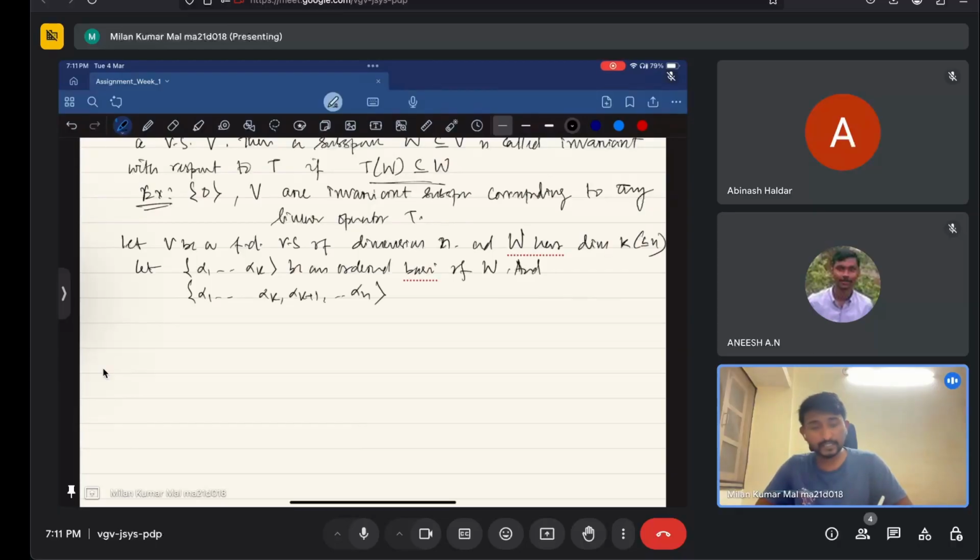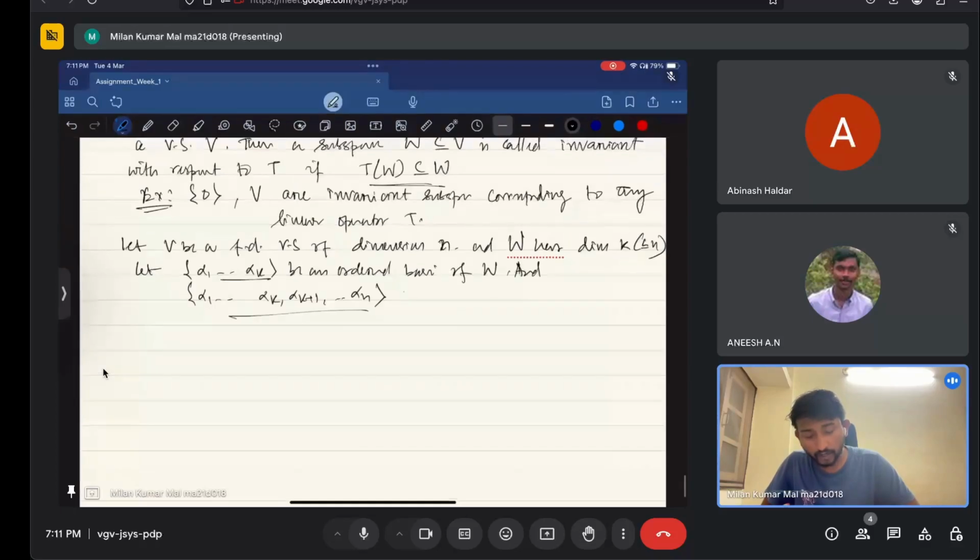We will just extend it, because this is an ordered basis, to form a basis of V. Let this extension be the extended ordered basis of V.